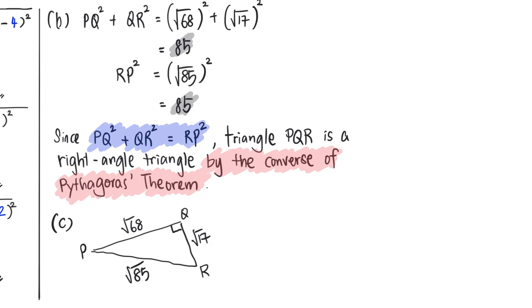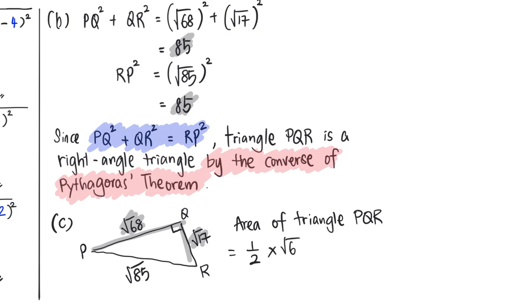So the area of triangle PQR is simply half times base times height, where the base is square root 68 and the height is square root 17. This will give me 17 units squared.